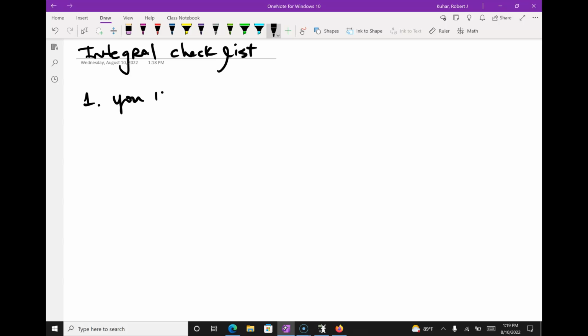Level 1 is F prime, where I see something I already know, and I can just write the antiderivative, right? And you'll notice things turn into level 1. Things turn into level 2. And so when I ask you this on a test, it's going to start at level 9 and then move to level 4 and then move to level 1, right?